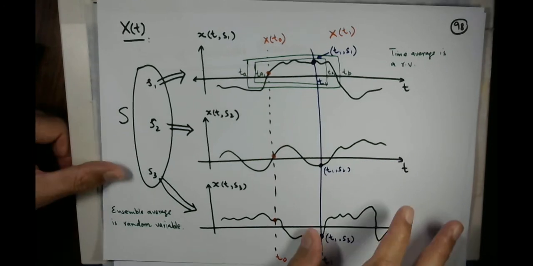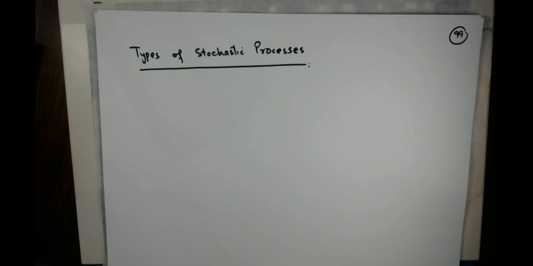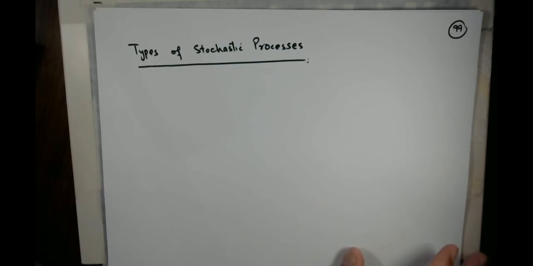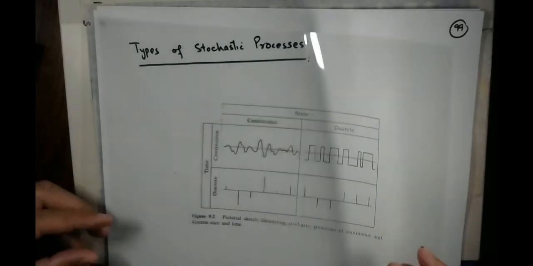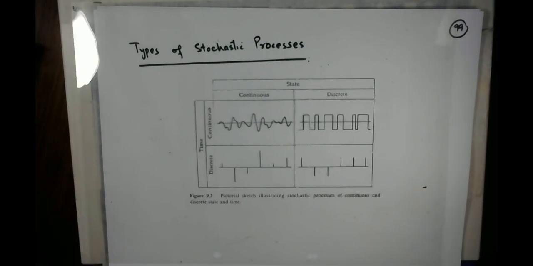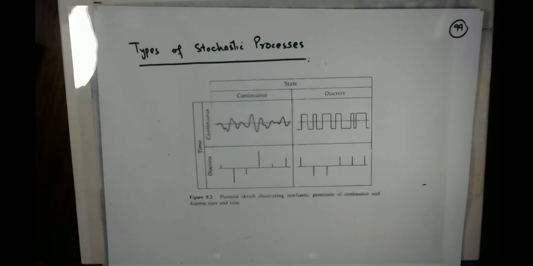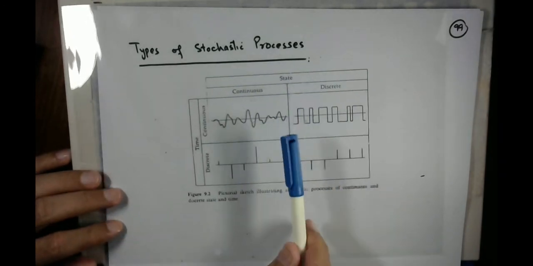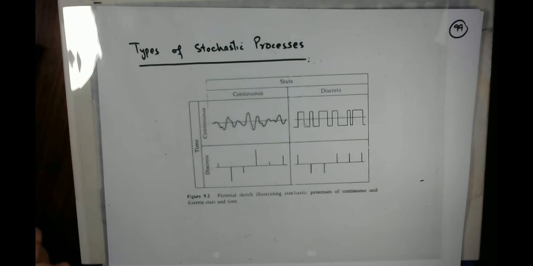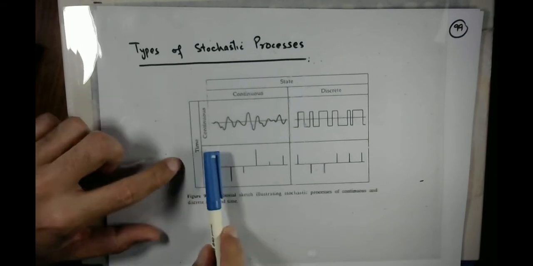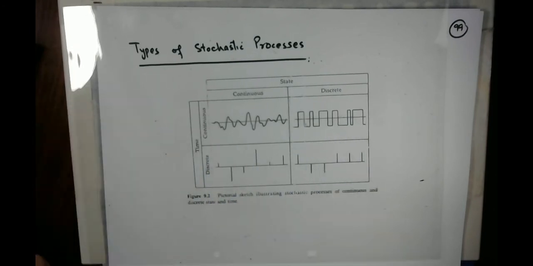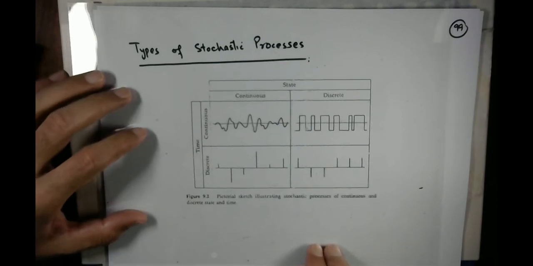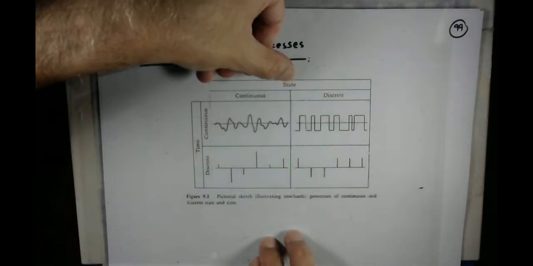The types of the stochastic process can be divided into these four categories. So the state of the process, which means the height of the function, and the time variable in the process. Now I have just two axes, the time axis and the state axis, or the value of the process.